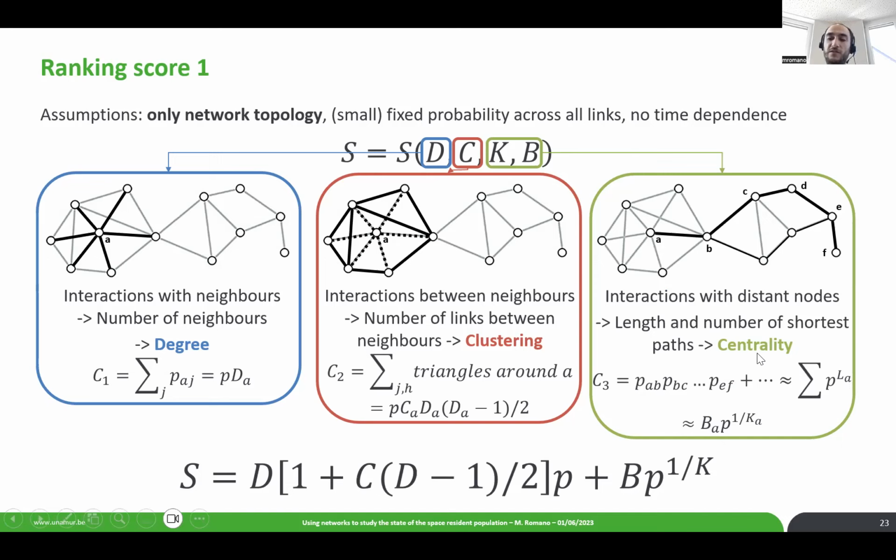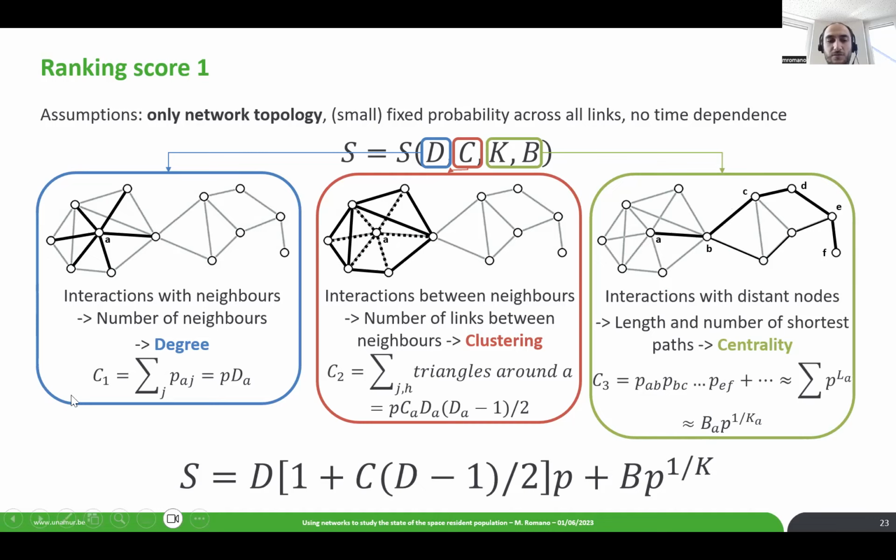Then we sum all of these, and actually we can include also the betweenness. The betweenness represents the number of shortest paths that pass through a node. And so we can represent A this way: one, the probability that A is hit by a debris in one of these nodes, and also the probability that A contributes itself in the chain by propagating it further with new debris that then will go on to hit other objects.